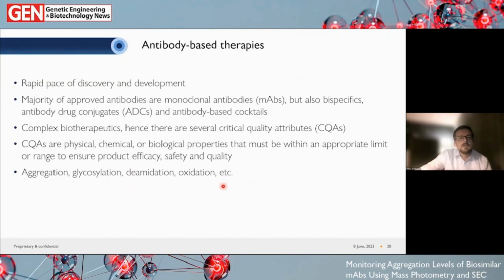The majority of the currently approved antibody treatments are monoclonal, but there are also bispecifics, and we'll probably see more bispecific approvals coming through over time, given the intense interest there. Antibody drug conjugates, the same. There are a few approvals, but that's another very active area of research now. And a couple of the other antibody-based therapy approvals are just antibody-based cocktails.